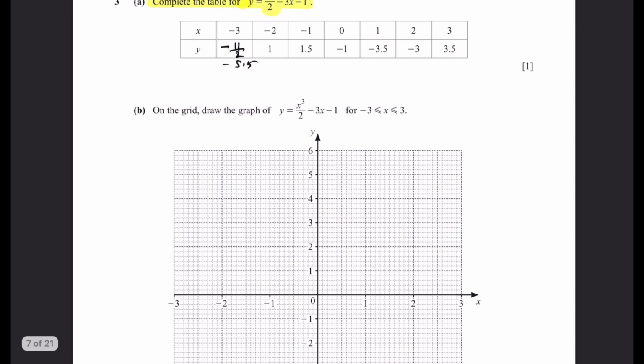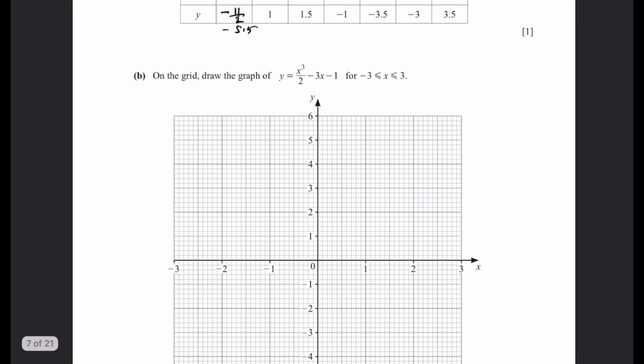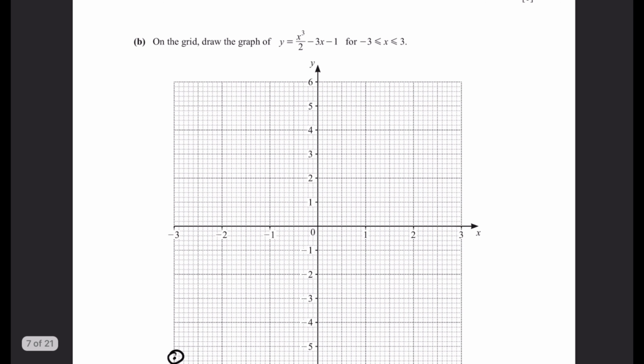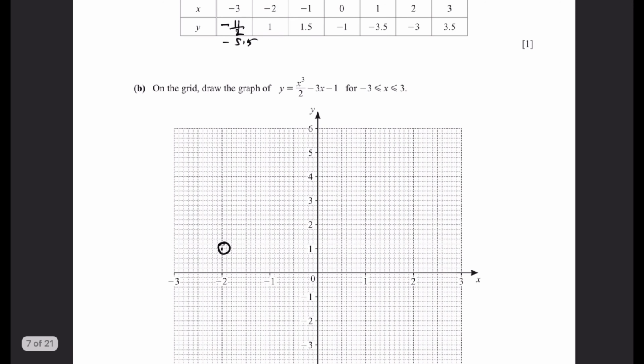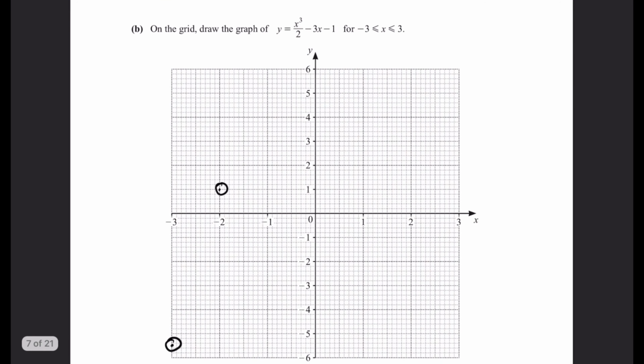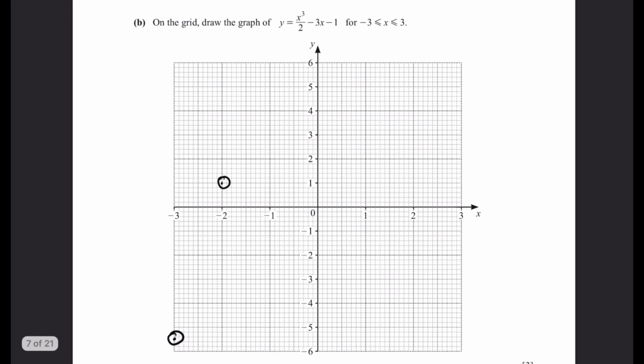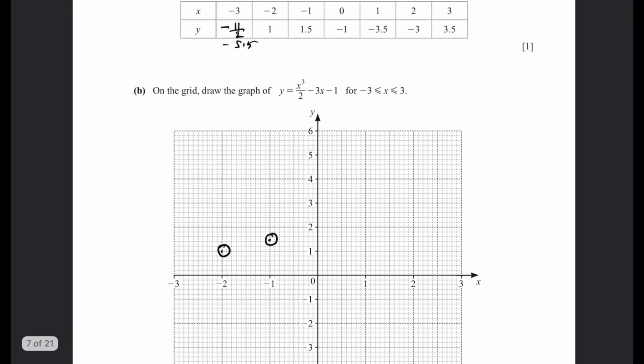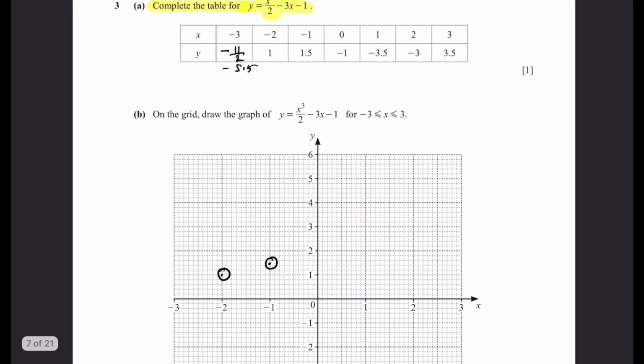Then minus 2, 1. Minus 1, 1.5. 0, minus 1.